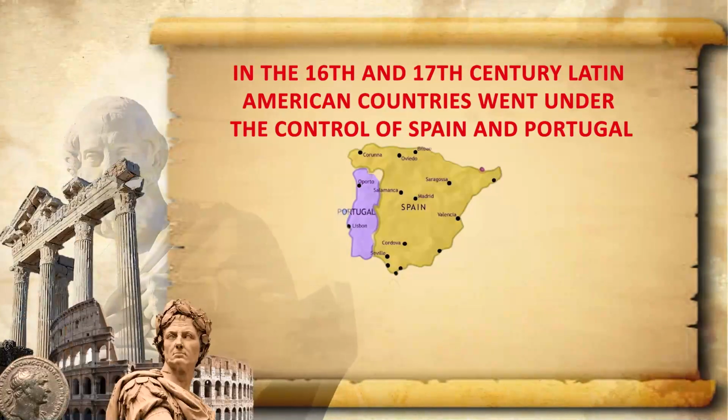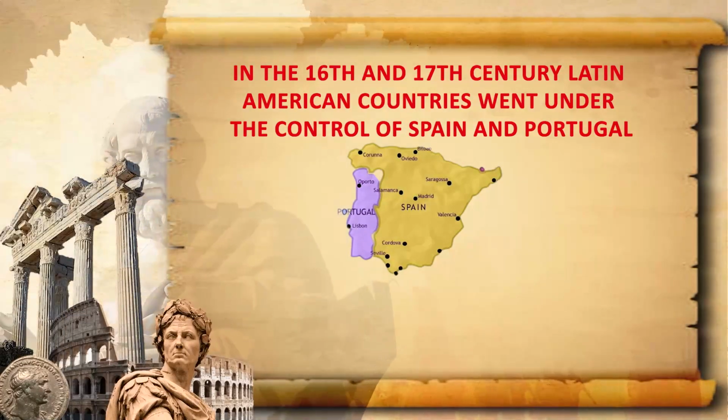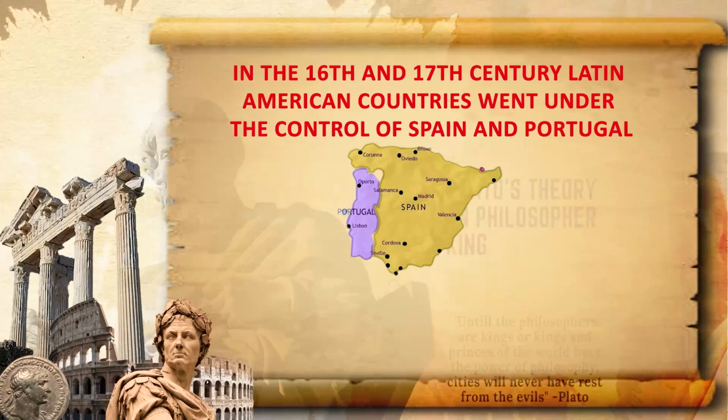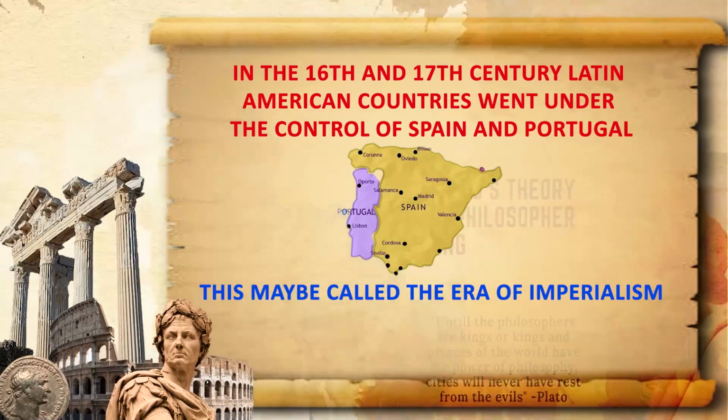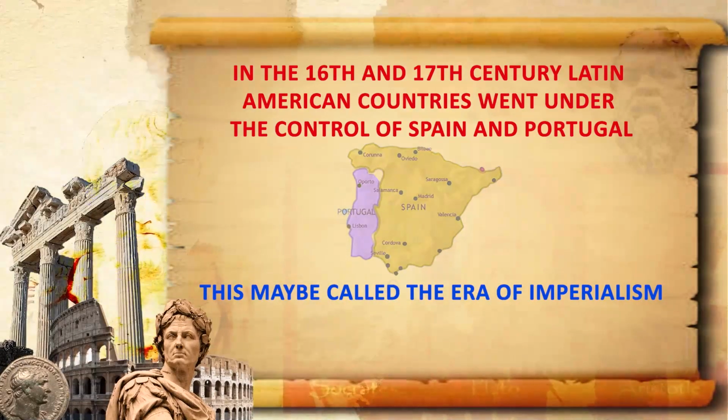And in the 16th or 17th century, Latin American countries went under the control of Spain and Portugal. This may be called the era of imperialism. So, this imperialistic nature of modern nation states is another important characteristic of the development of the state system.